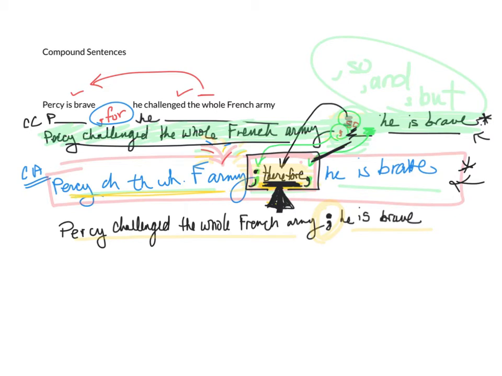Sorry, let me change pens real quick. I don't have the so that I had in my coordinating conjunction that told me it was cause and effect. I don't have the therefore. I don't have any buts or yets or ors. There are no connecting words whatsoever. And that means the semicolon is the only thing holding these two together. And this is only appropriate if these two ideas are essentially equal.